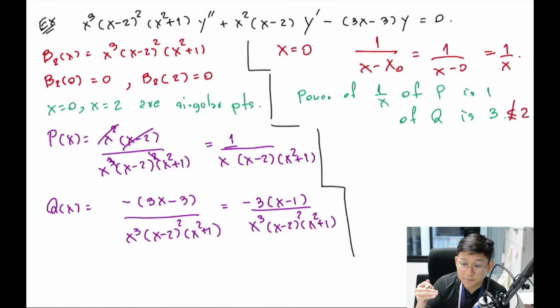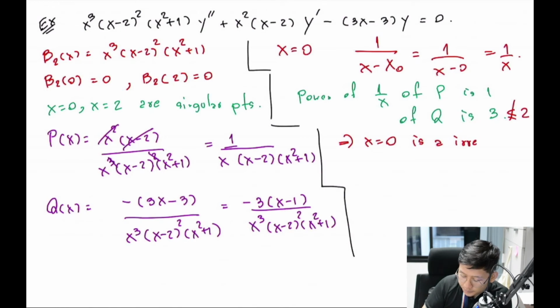From the definition, if it's less than or equal to 1 for p and less than or equal to 2 for q, then it's regular. But now it's 3 for q, which means that x equals 0 is an irregular point.